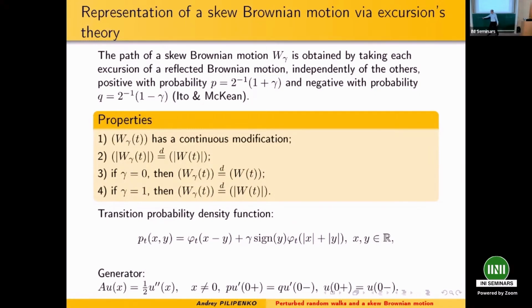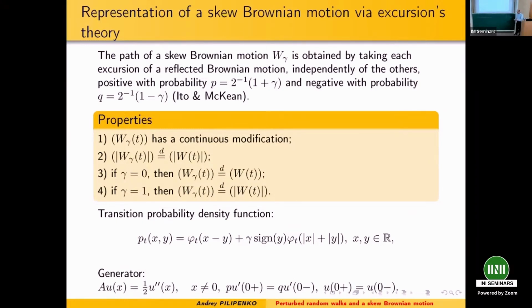You have to be careful: when you hit 0, there are an infinite number of excursions in the neighborhood of this point, so there is no first excursion, second excursion. Then they do the following procedure. With probability p, they select the sign of the excursion: with probability p the sign is positive, and with probability q, 1 minus p, they multiply this excursion by -1. So some excursions remain positive, but some become negative, and this new process is called a skew Brownian motion.